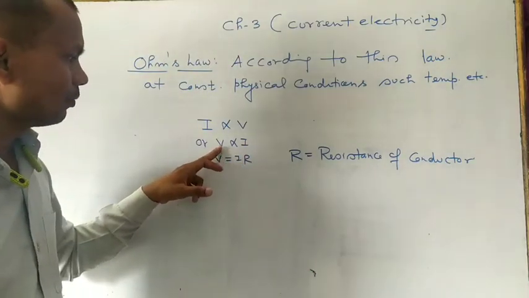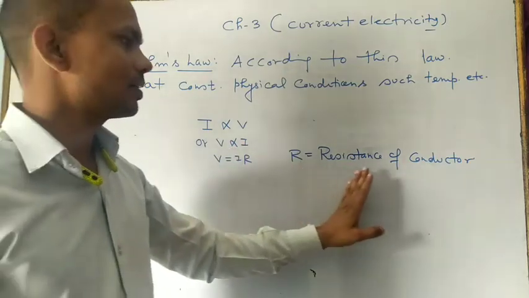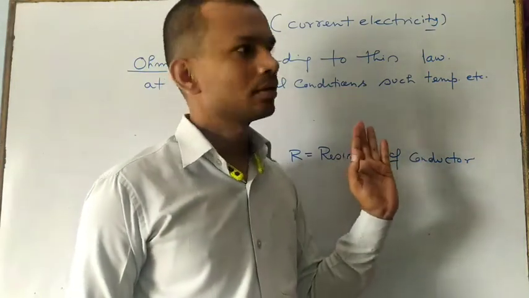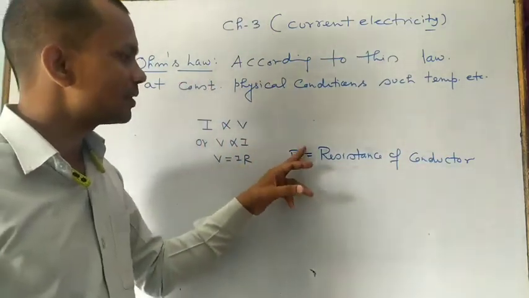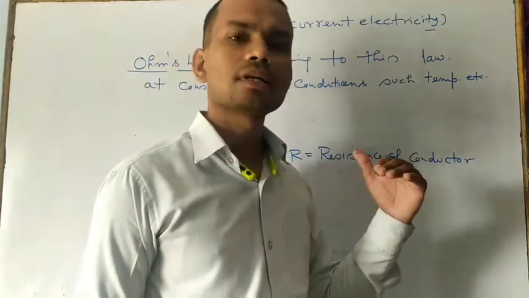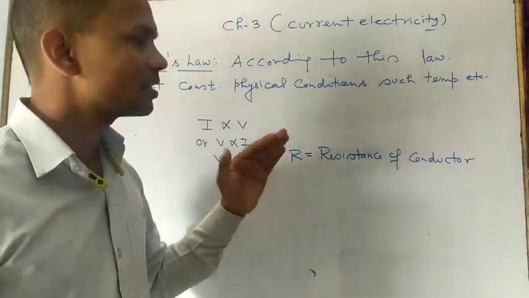So we can write V directly proportional to I, or V equals IR, where R is the resistance of a conductor, right? So when you study Ohm's law, one new physical quantity, the proportionality constant, that we get is the resistance of a conductor.